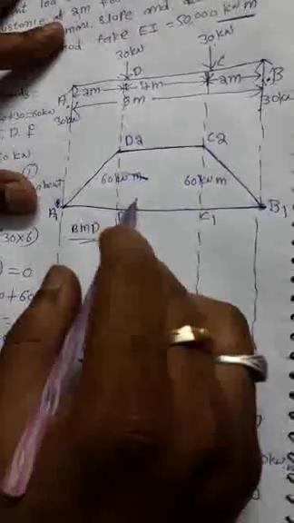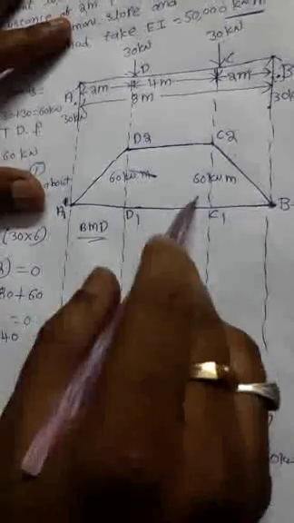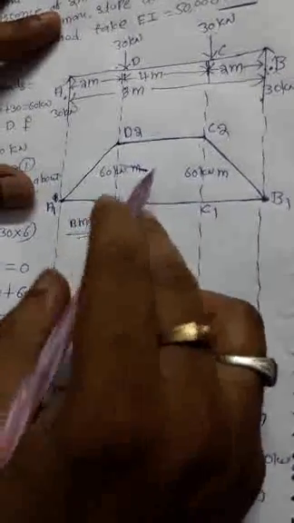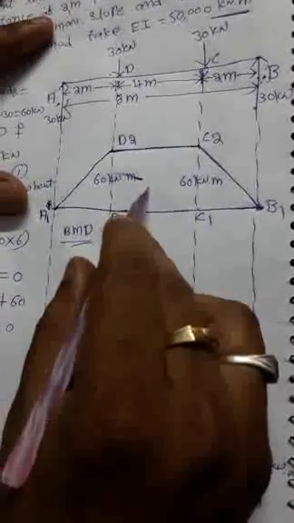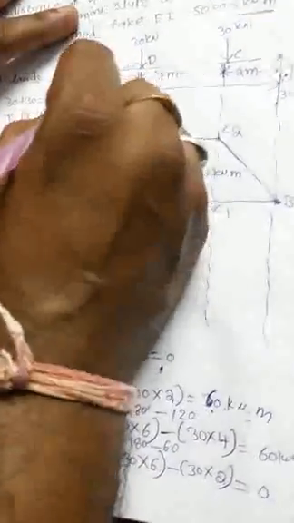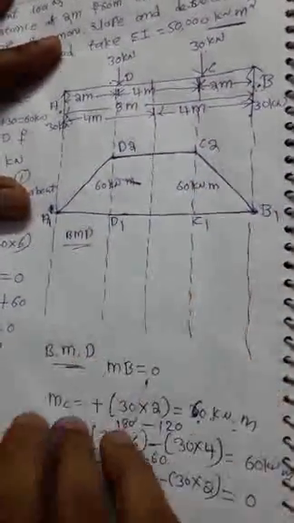Next, this diagram looks like a trapezoidal shape. Here you can see two triangles and one rectangle. But this diagram can be divided into two parts, divided at 4 meters from the left end and 4 meters from the right end.